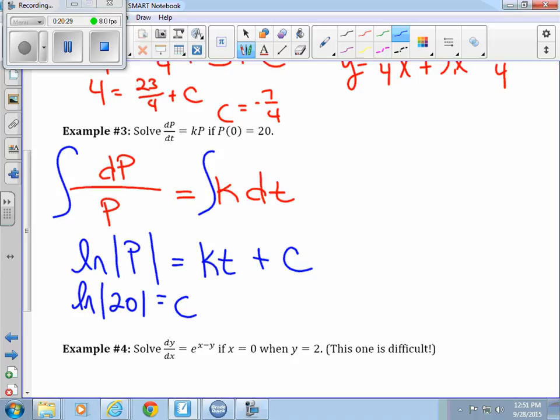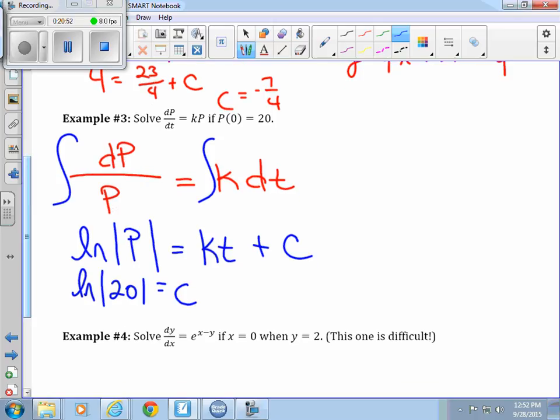So c is the natural log of 20. Do you need absolute values on that? This is the natural log of 20, right? So we can ignore the absolute values. We're not ignoring them. We understand that we don't need them. Does that make sense? Natural log of 20 or the natural log of the absolute value of 20 is the same thing. So we have natural log of the absolute value of p equals kt plus natural log of 20.